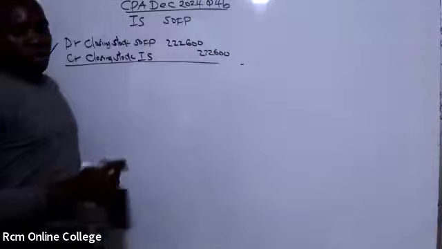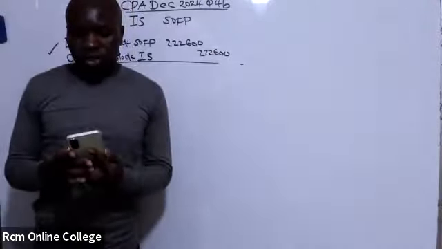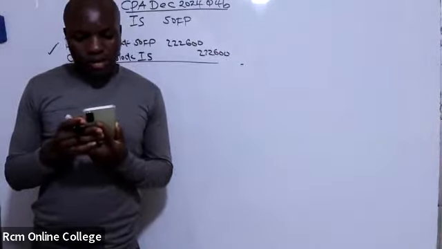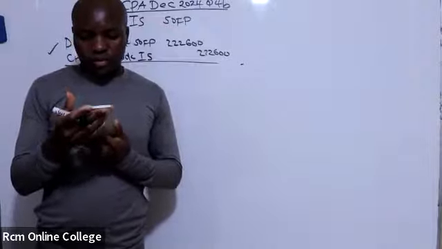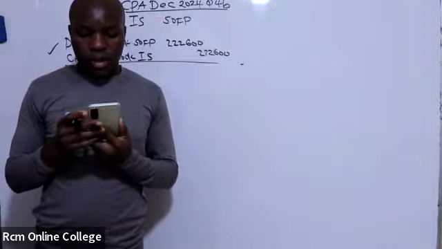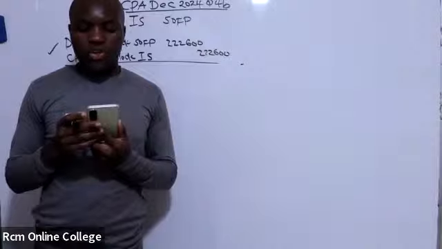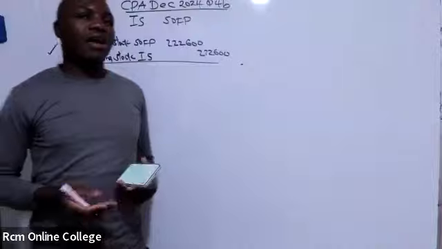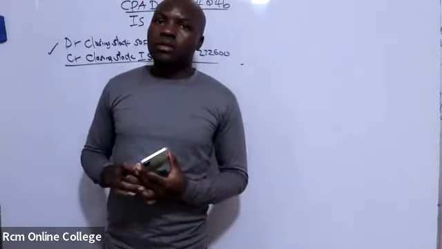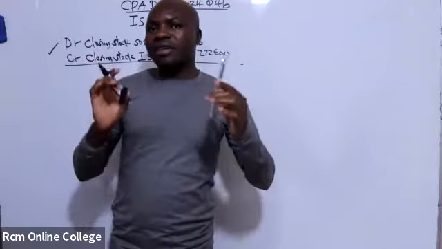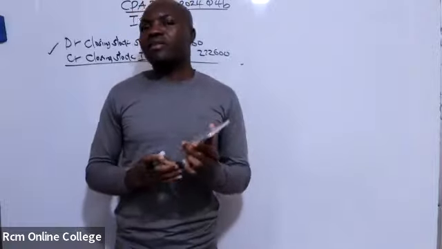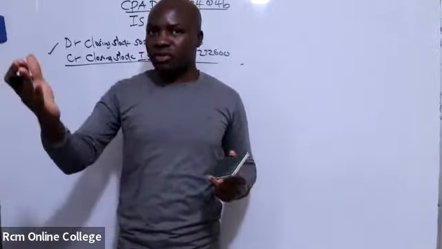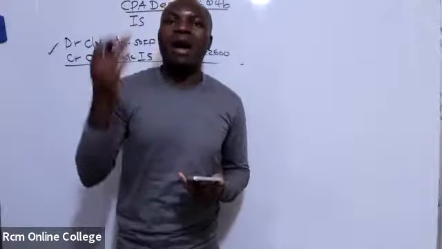Additional information number 2: as of 30th September 2024, rates paid in advance amounted to 10,500. The payments that are made in advance are normally recorded as assets, and the advance payment reduces the expense balance.